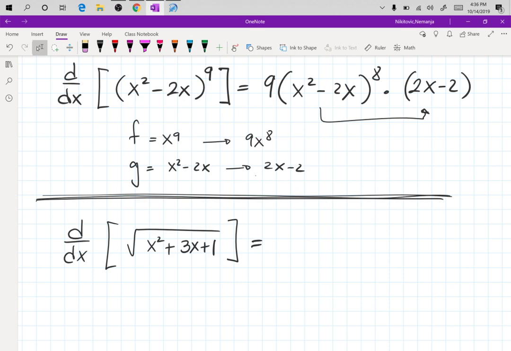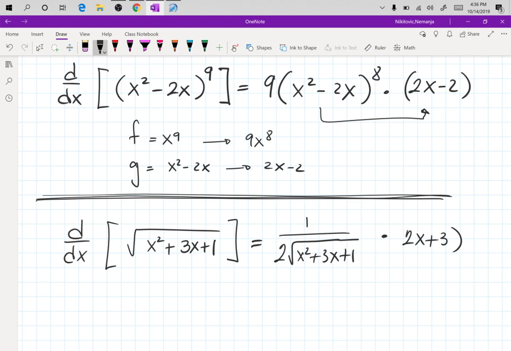All right, so where do we start? So you're going to have your square root, which is going to change to 1/2 to the quantity of x squared plus 3x plus 1. Nice. So 1/2 square root of x squared plus 3x plus 1 times, it's going to be 2x plus 3.